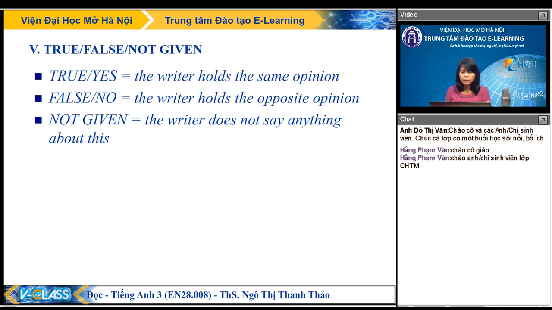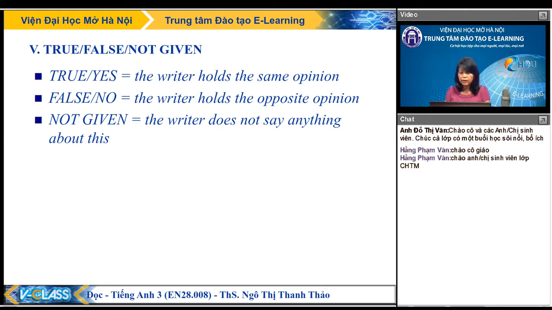Before you do the exercise, I just remind you that for the true statement, sometimes you cannot find the original words that are in our reading. The writer may paraphrase the words or the sentence, or explain it in another way, or use synonyms, meaning words that have the same meaning.